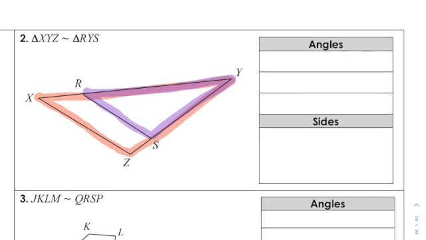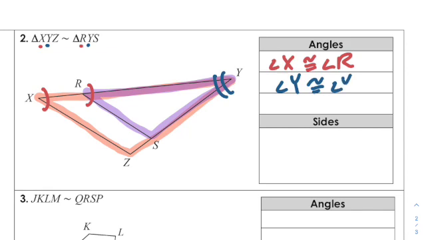So, let's see what angles are congruent to each other. According to our similarity statement, angle X is congruent to angle R. And then if we look, angle Y is congruent to angle Y. Now, you might ask how an angle can be congruent to itself.